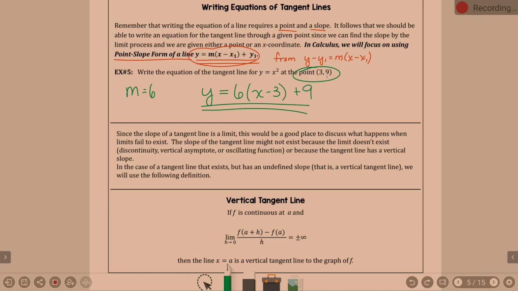And that's saying that if you get a positive or negative infinity, your tangent line is a vertical tangent line. Okay, because remember, horizontal lines have a 0 slope. Vertical lines, that's dividing by 0. They have an undefined slope. Okay, and so that's when your limit will work out to equal the positive or negative infinity.